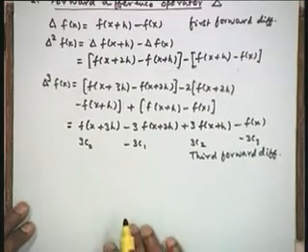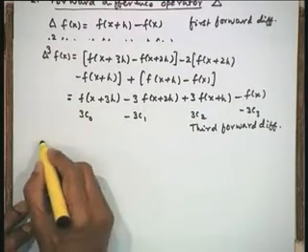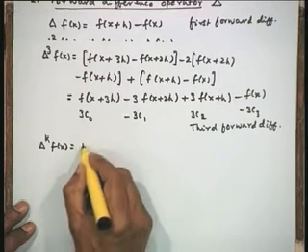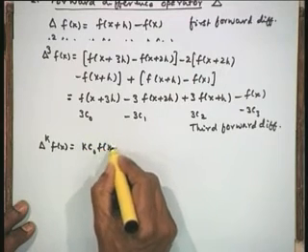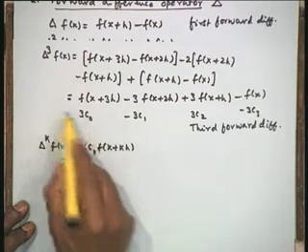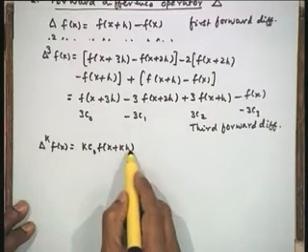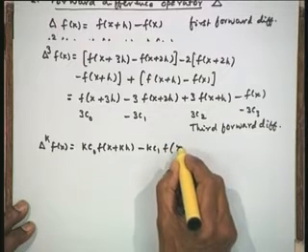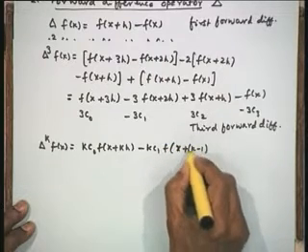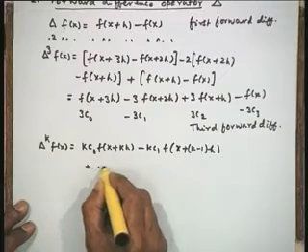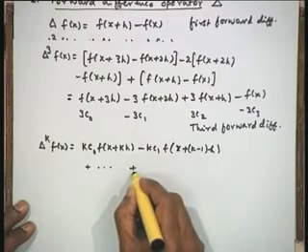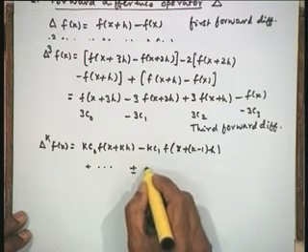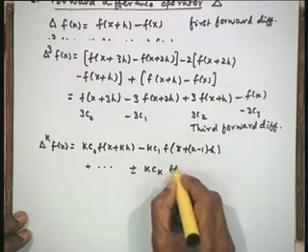Therefore, if I want any forward difference, say delta to the power k of f x, I need to start with k c 0 f of x plus k h, minus k c 1 f of x plus k minus 1 of h, and so on, and finally we will have plus or minus, depending on whether k is even or odd, k c k of f x.